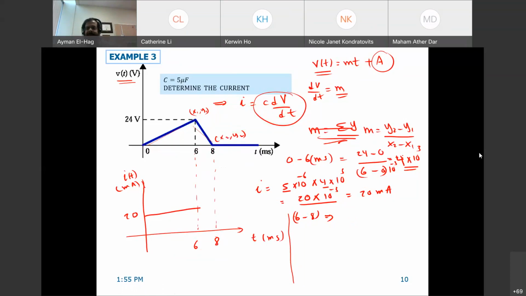So 6 to 8. y2 is equal to 0, 0 minus 24 divided by, so y2 is 0. Here it is 8 and 0.